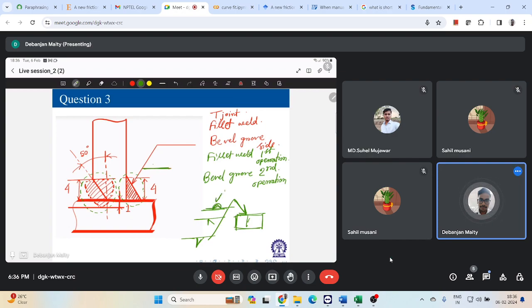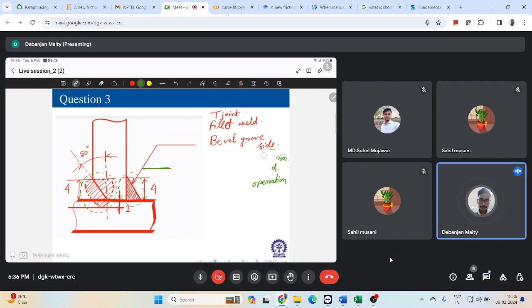This will be my second operation, and this will be the third operation in terms of sequence, correct? In the same way, we will try to figure out what the joint symbol will be over here.